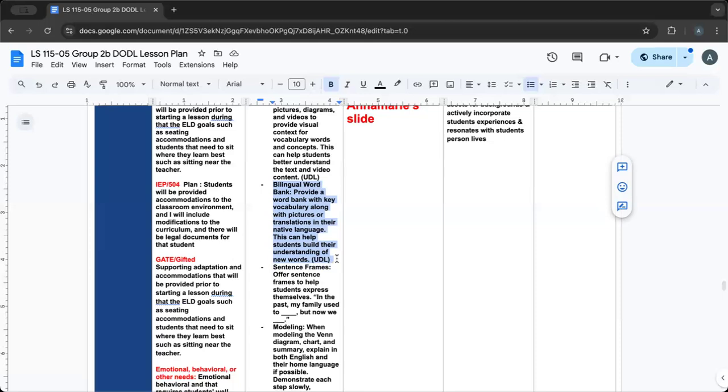So I thought that was a really nice tool for our students to have within our lesson, so that they can be engaged and participate versus sitting in the back, not knowing what anyone is saying and not being able to converse with their peers.